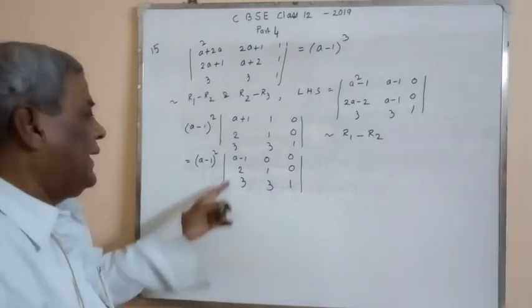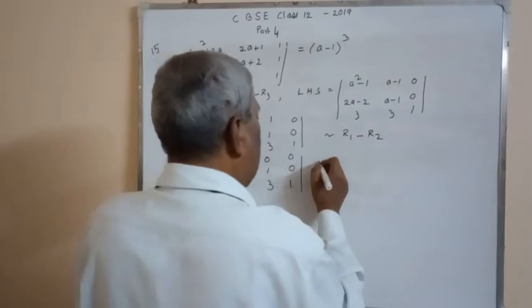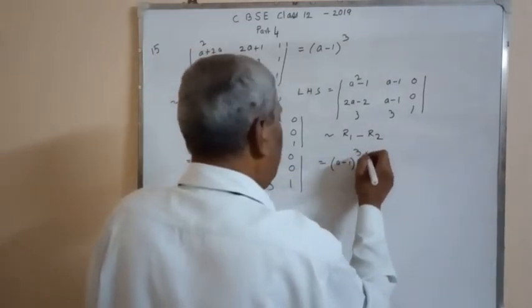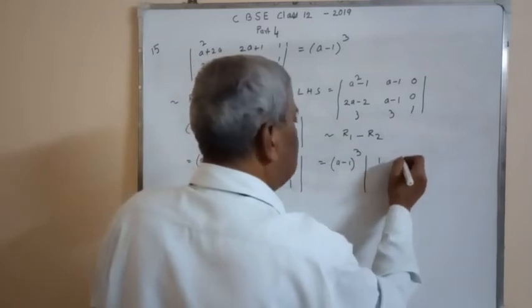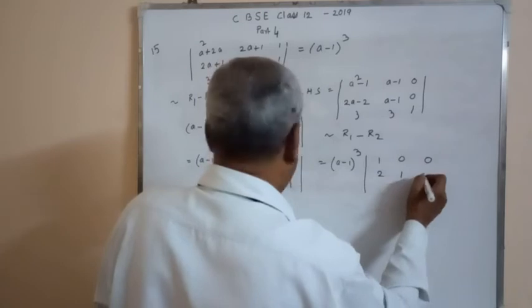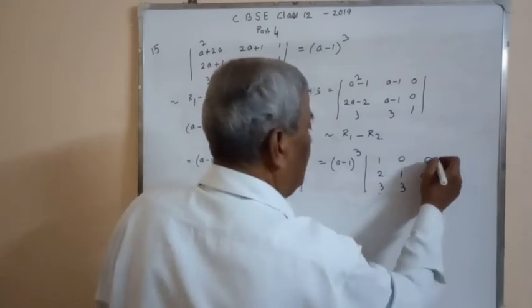Once again, we can take a minus 1 common from the first row. So this is equal to a minus 1 whole cube into the determinant 1, 0, 0; 2, 1, 0; 3, 3, 1.